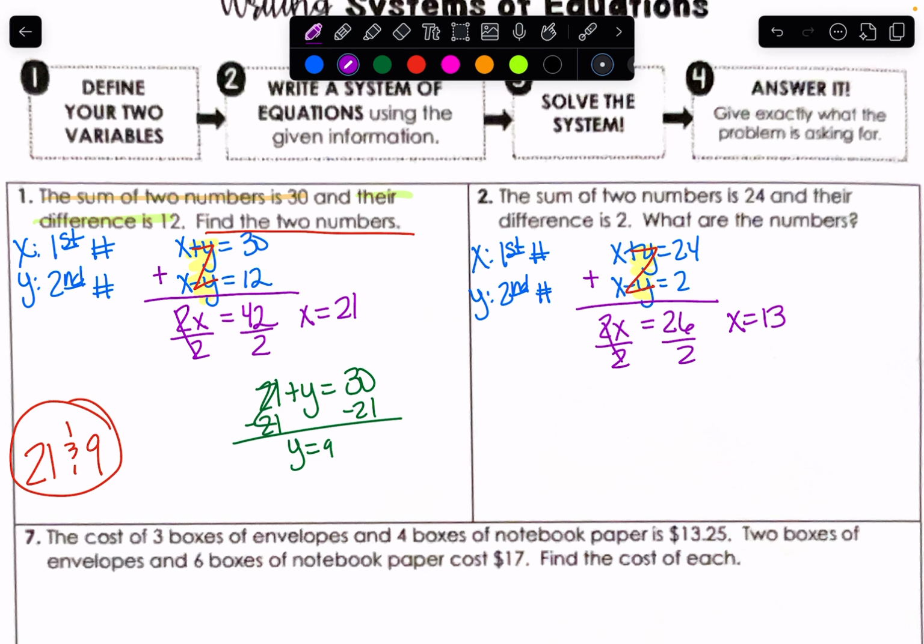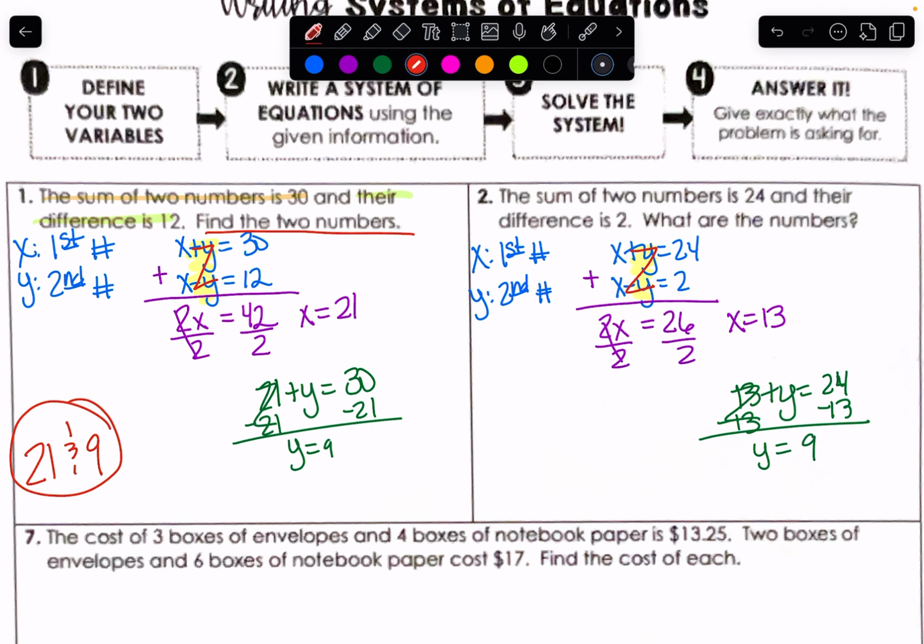Now to solve for y, or for my second number, I just need to substitute 13 into one of these equations. So I would say that 13 plus y equals 24. And to get y by itself, I will subtract 13 on both sides. That means that y is equal to 9.